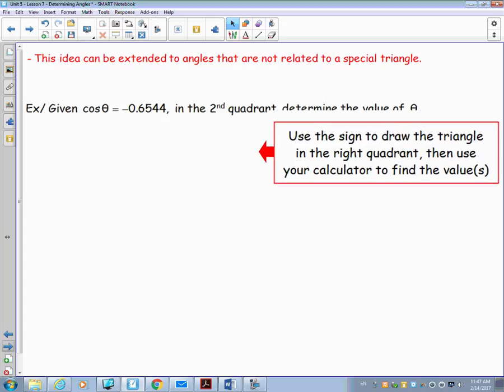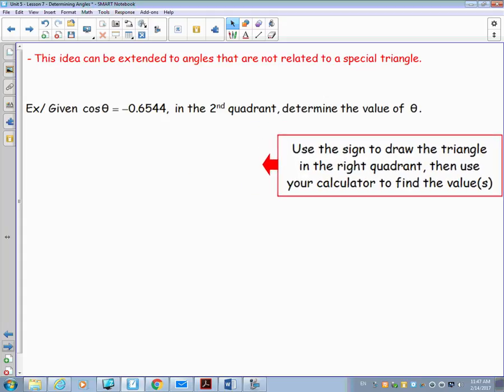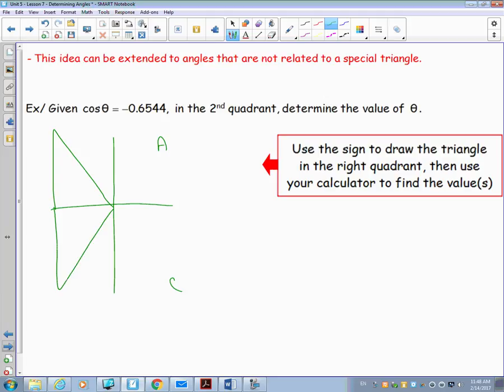So the fact that this is a cos and it's negative tells me not in C, not in A, yes in S, yes in T, and I need to find this angle here. We'll call this angle X. Okay. My calculator is only programmed to find one answer.